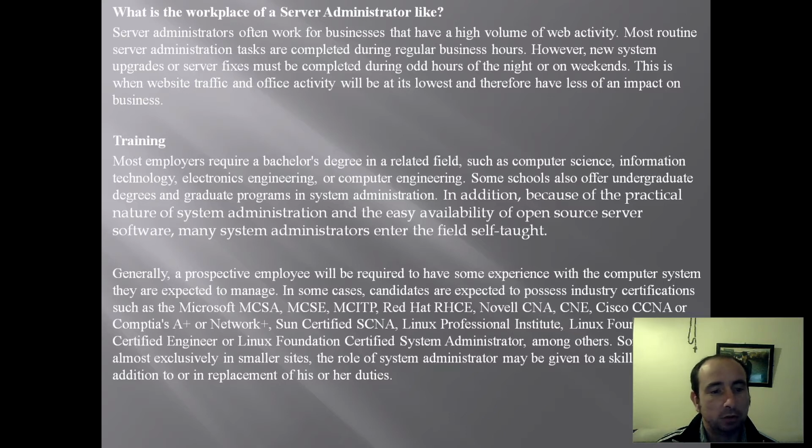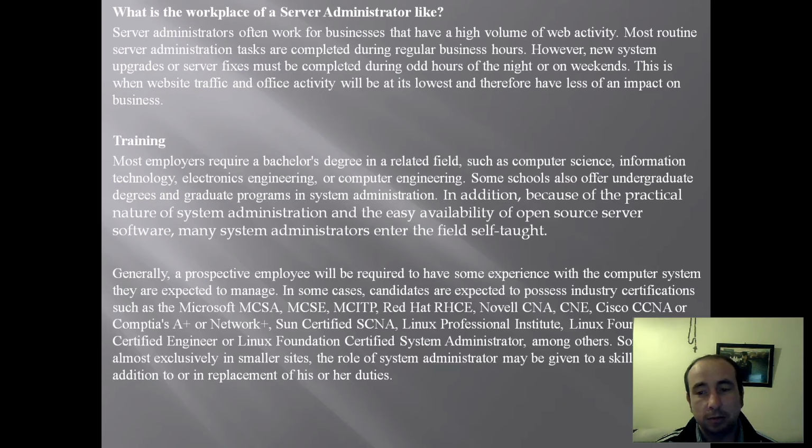Training. Most employers require a bachelor's degree in a related field such as computer science, information technology, electronics engineering or computer engineering. Some schools also offer undergraduate degrees and graduate programs in system administration.